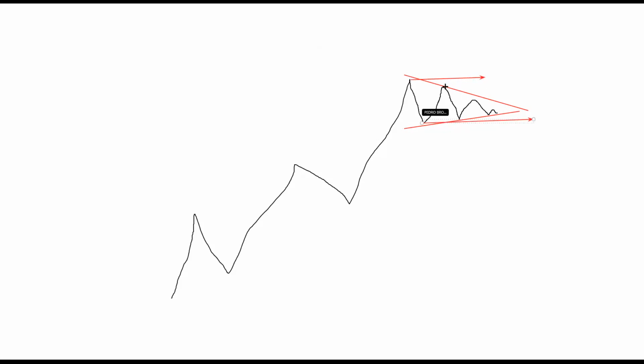Price did not break it. We have a lower high, we have a higher low, telling us that price is squeezing, right? So this alone is what we get to understand with symmetrical triangles or pennants.